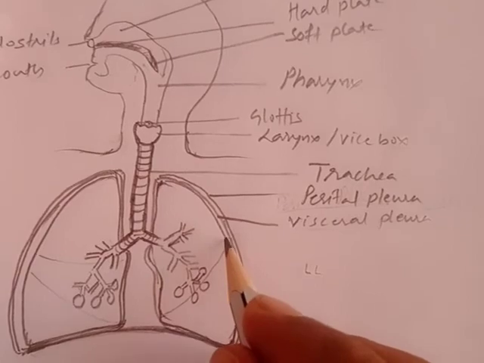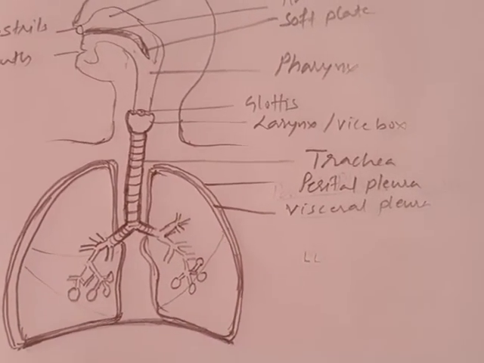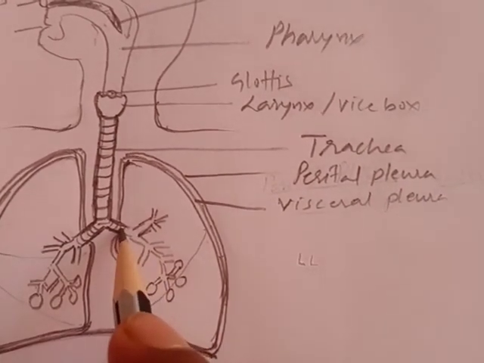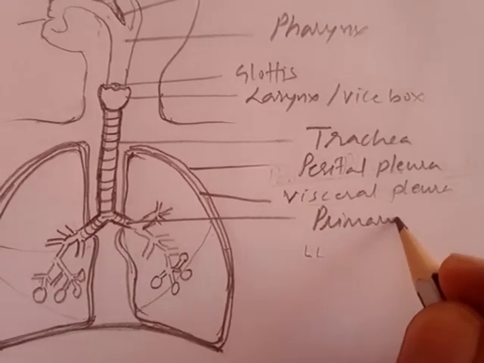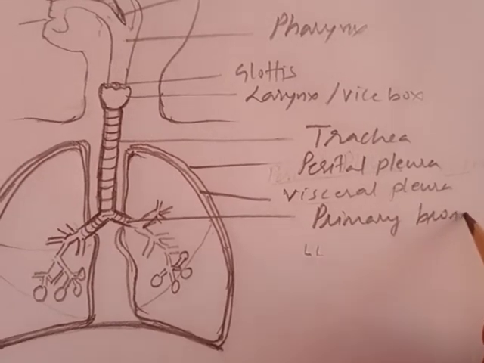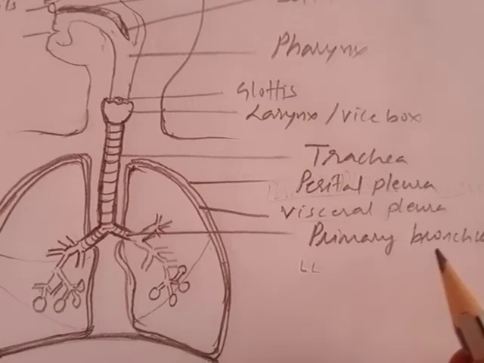And next there is the internal bronchial tree. This bronchial tree starts with the primary bronchus, which I will show here. The plural term is bronchi.